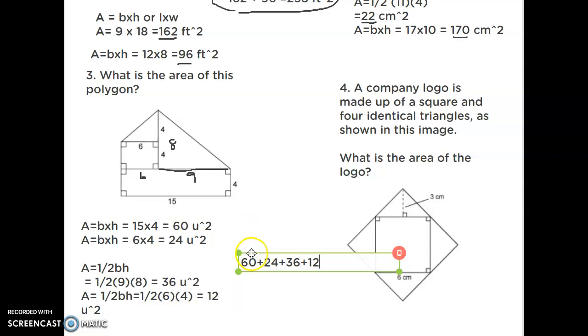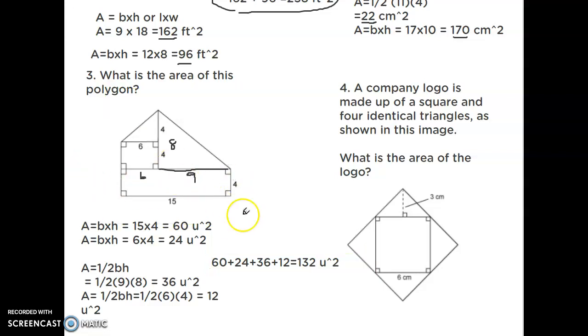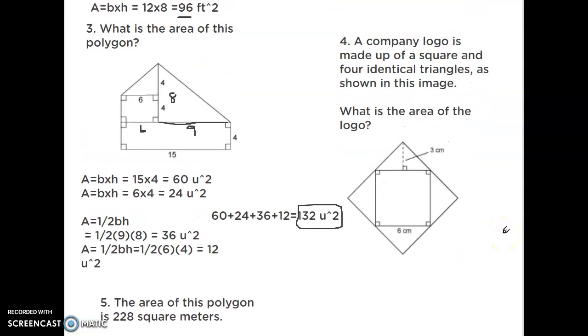So we add all of these together, and this would give us our total area. So we're adding 60 plus 24 plus 36 plus 12, and that gives us an area of 132 squared units. And we could box that answer for your final answer.